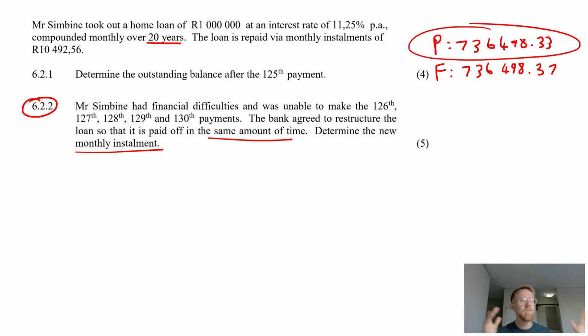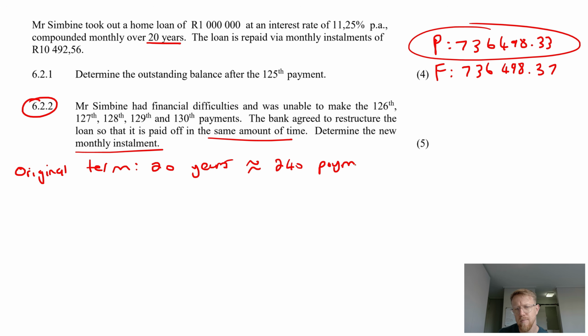They want all of the money to be paid back in 20 years. That is usually fixed unless you make special arrangements. So the original term was 20 years, which is 240 payments, because it's 20 times 12.